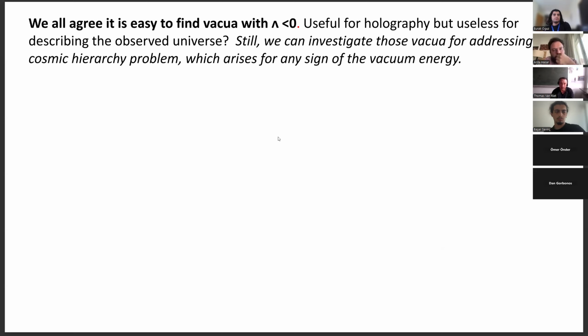So we always, like anything in physics, cut the problem into pieces and try to solve each piece and then put it all together. So at this point, I want to ignore positive vacuum energy and I want to solve the hierarchy problem for negative energy universes, okay?